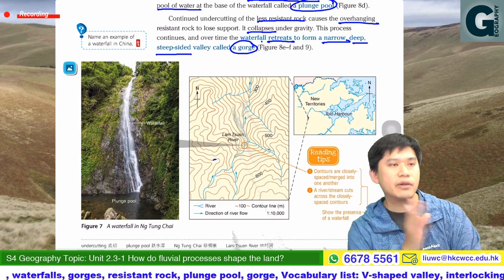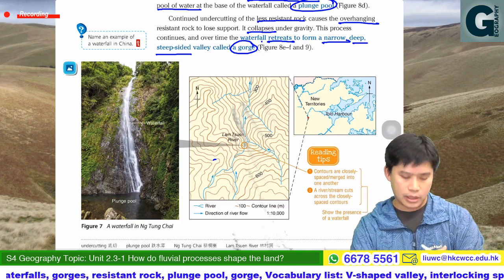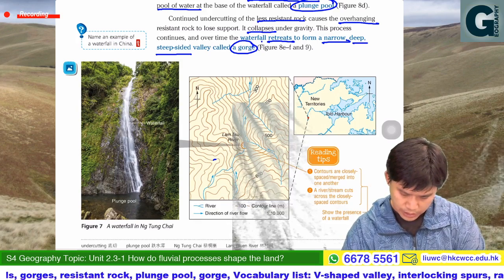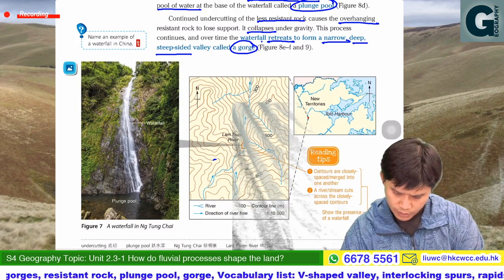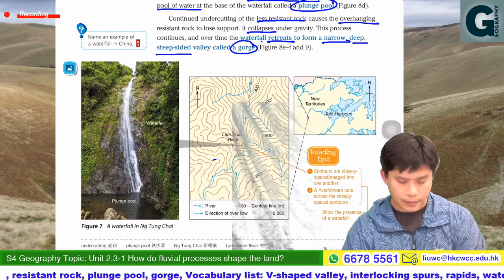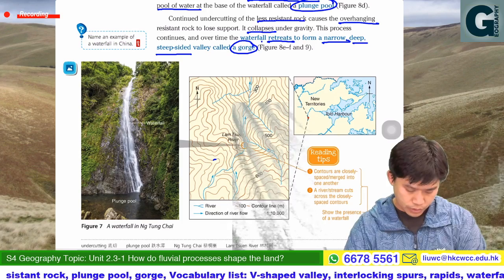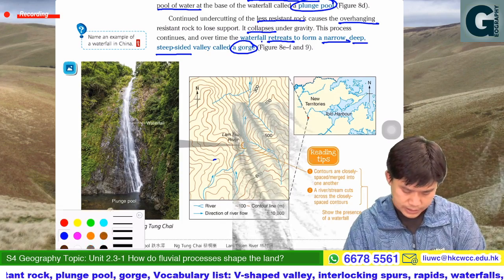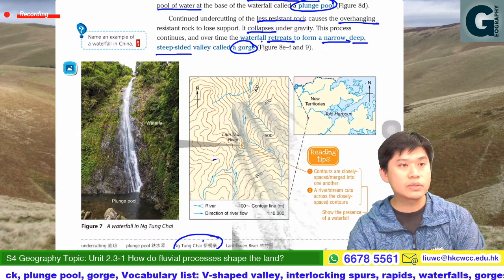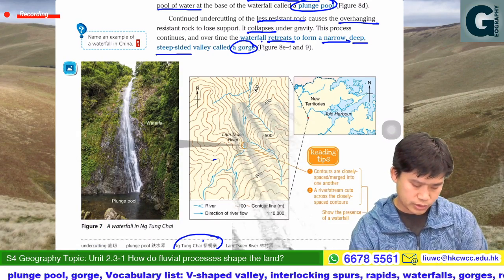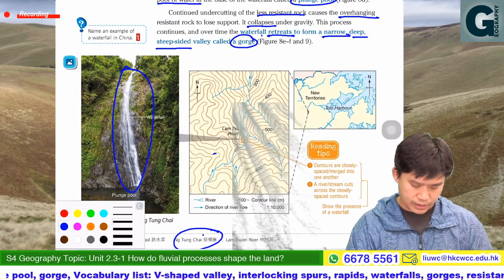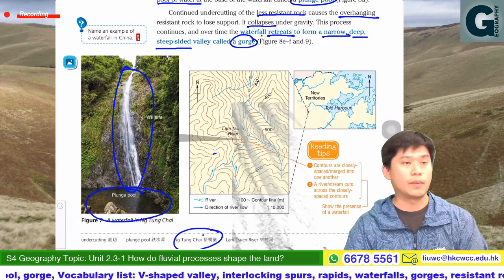That is a very, very famous waterfall in Hong Kong. And in your textbook, you can also see the upper course of Lam Tsuen River. In the upper course, you can see a place called Tung Tsai. You can also see a waterfall and the plunge pool at the bottom.